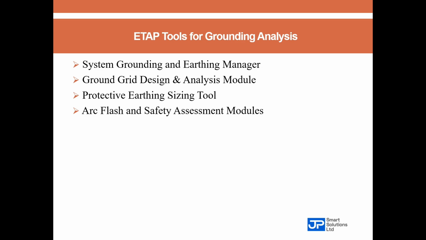So as we round up, let me share some actual real-world implications. Now, in one refinery study, engineers found that incorrect grounding assumptions led to arc flash incident energy values being off by 70%.